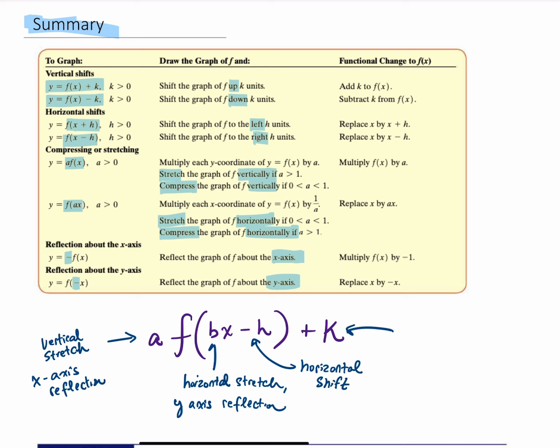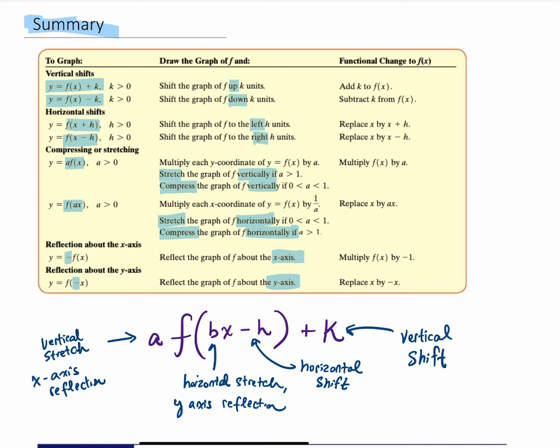And then adding or subtracting outside gives you a vertical shift. So you can apply this to any function, and later on we'll apply this to the trigonometric functions also. We can imagine stretching them, flipping them around, compressing them, shifting them, that sort of thing.